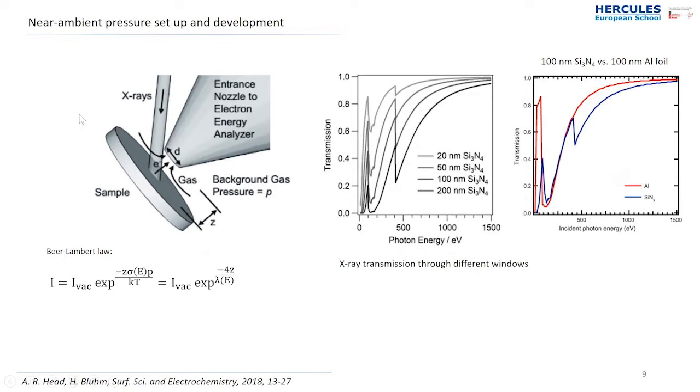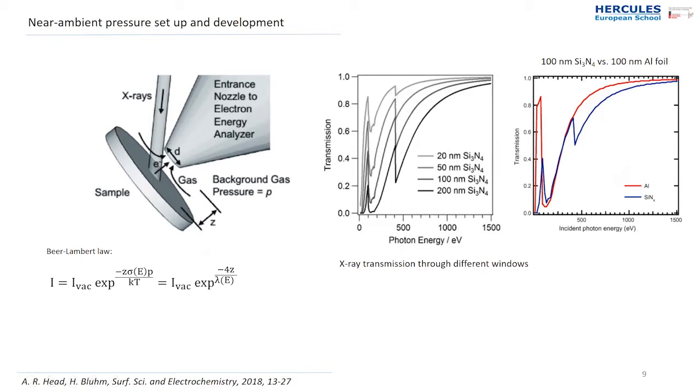Another loss is because you have to use special windows to seal your high pressure cell and protect the ultra-high vacuum around. Modern systems use silicon nitride, Si3N4, windows. And this is also still covered with aluminum foil to make it more solid. You can see that there are about 2 absorbance edges because of the materials used.